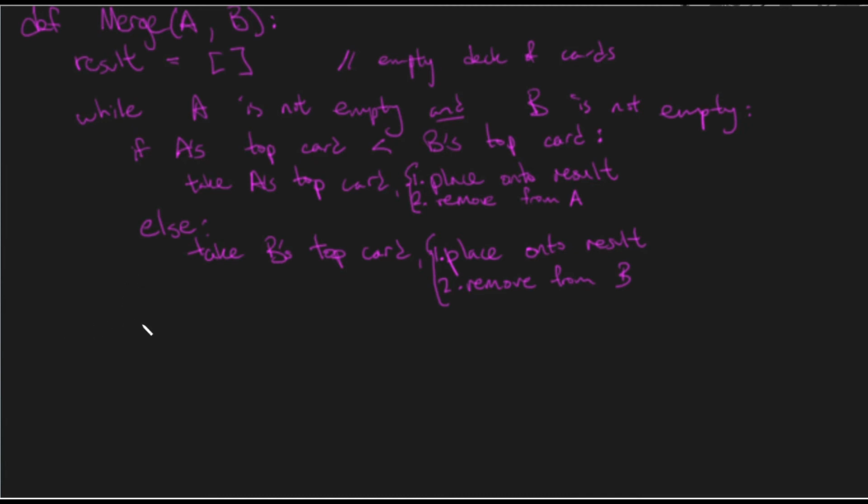And so our special case to deal with that is that when only one of the decks has cards in it, well, then we're just going to place those cards straight onto the deck.